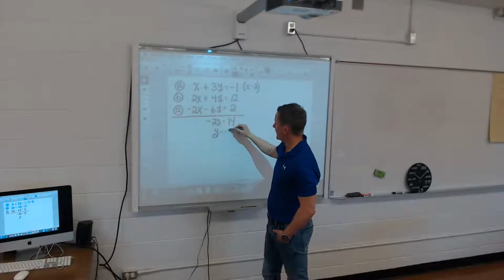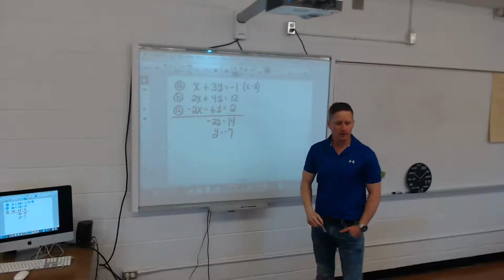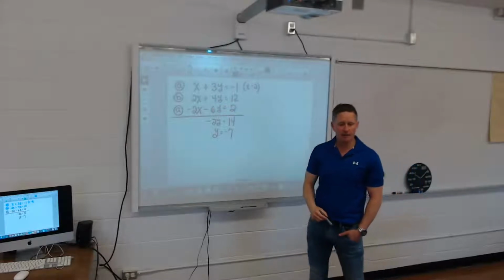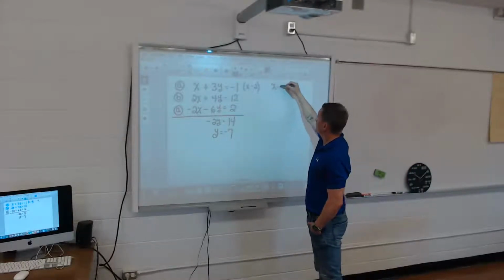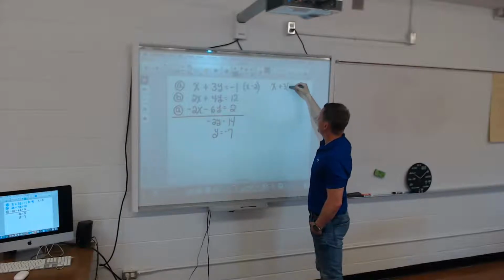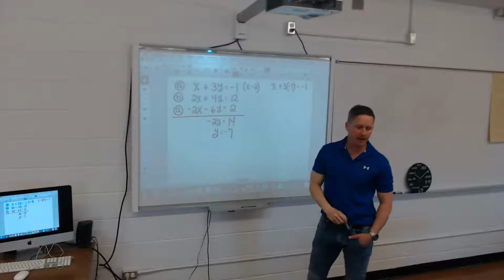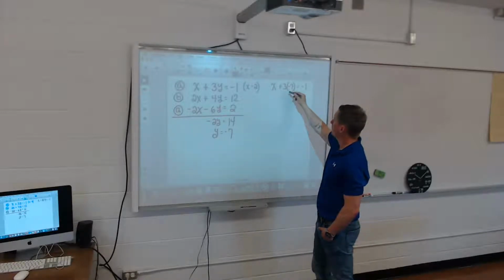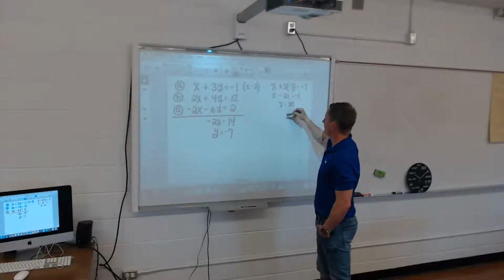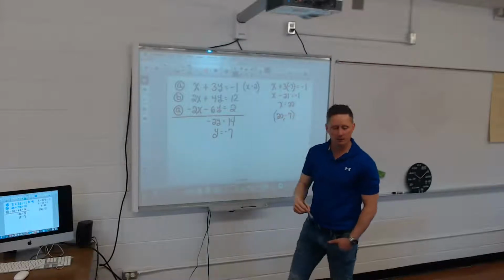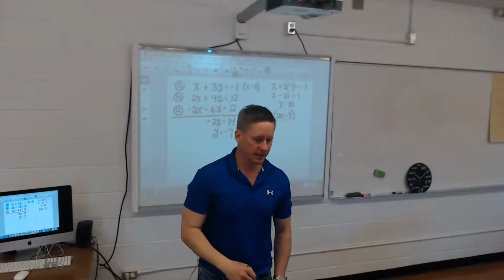y equals -7. All right, once I have y equals -7, I use one of the equations, I plug it in, and I want to solve for my other value, my x value. So this is x minus 21 equals -1, x equals 20. So 20 and -7 are my coordinates.